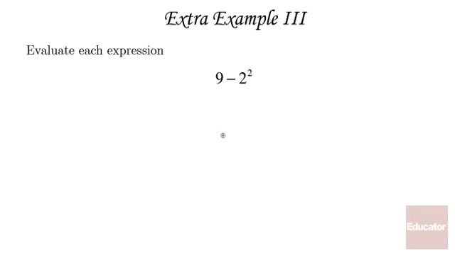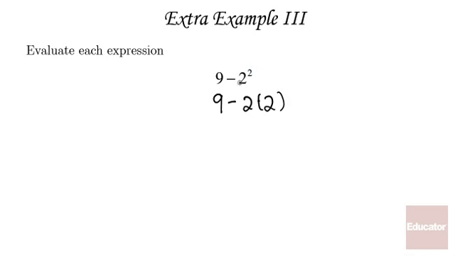Another example, 9 minus 2 squared. Now we just discussed in the last couple lessons on exponents, right? So 2 squared is the same thing as 2 times 2. So exponents come after parentheses.